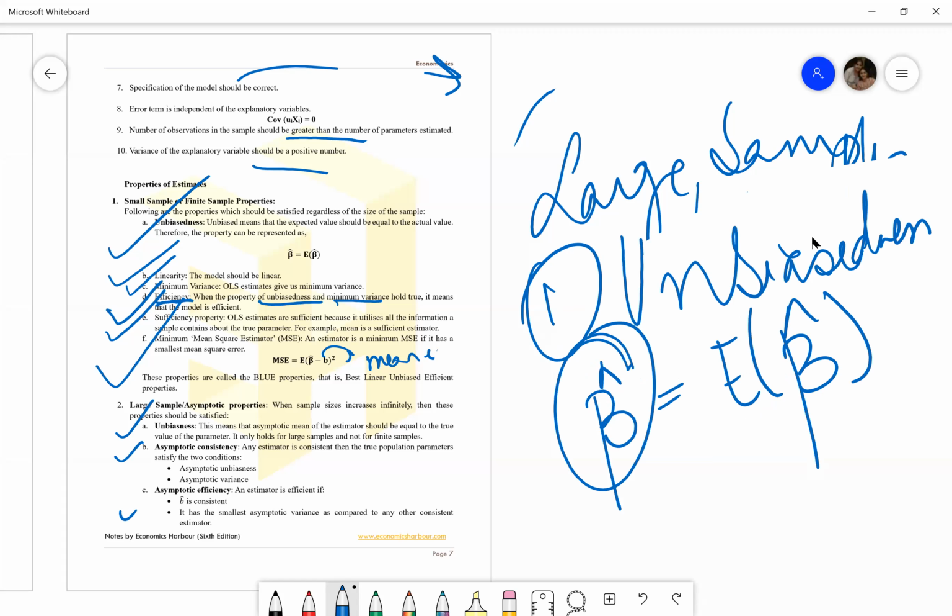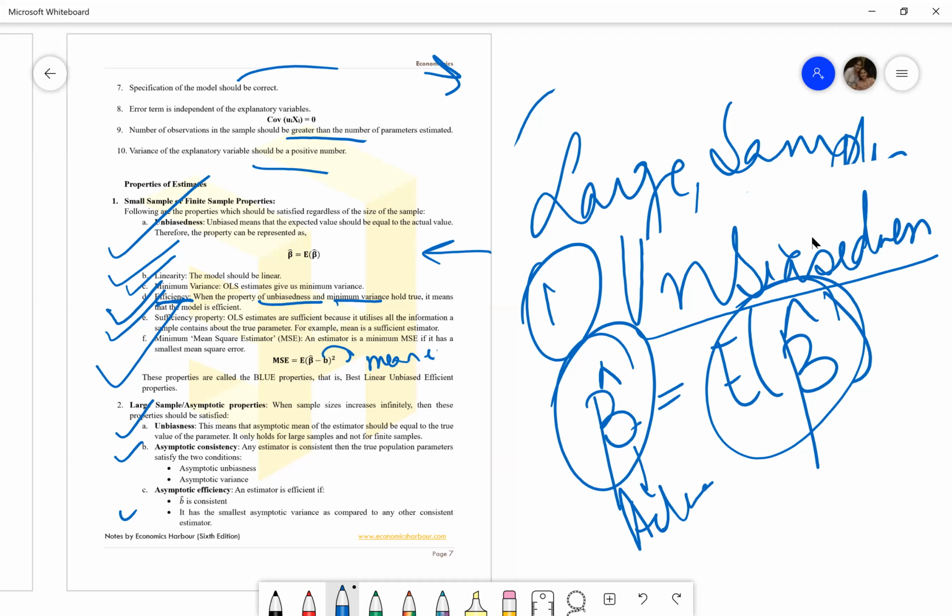The actual value should be equal to the mean value or the expected value. It's the same as the unbiasedness property of small samples, that your actual value should be equal to the expected value.